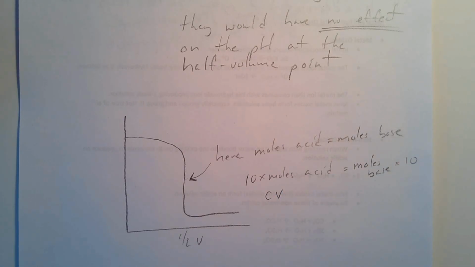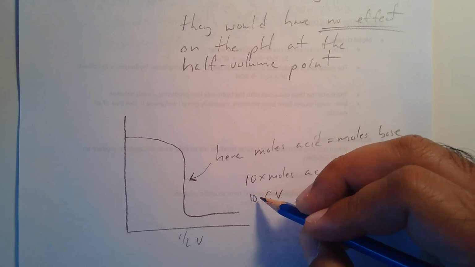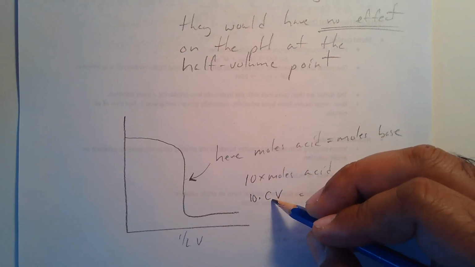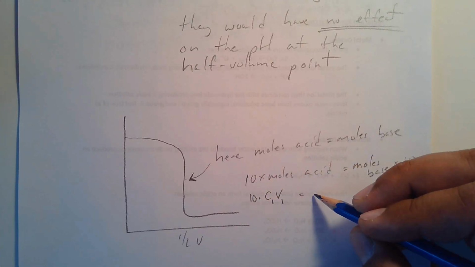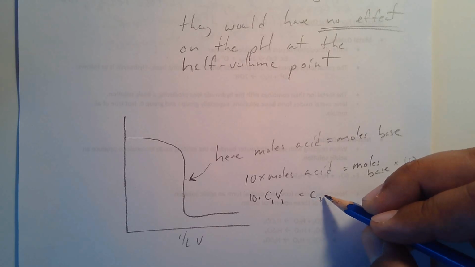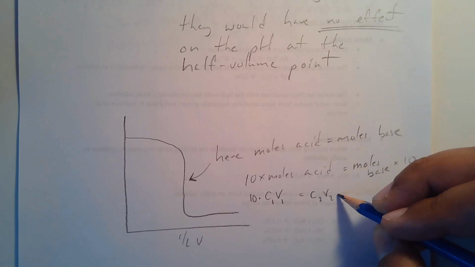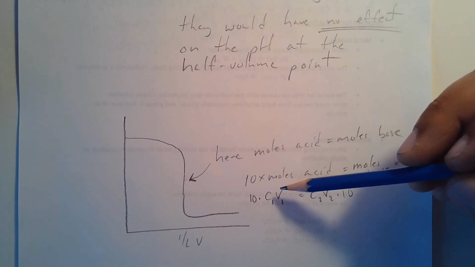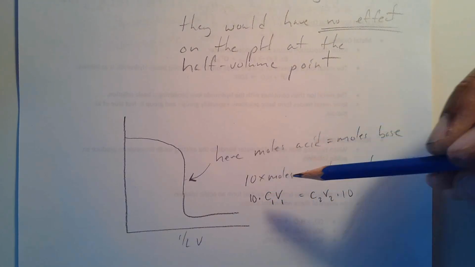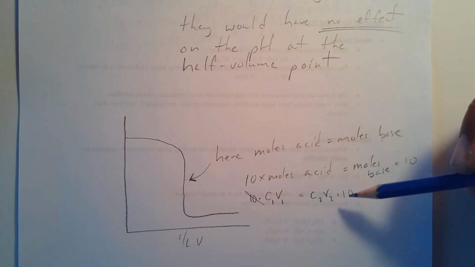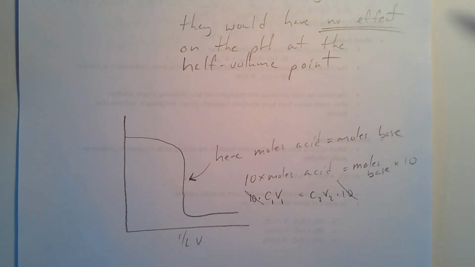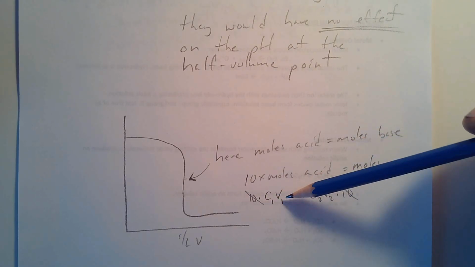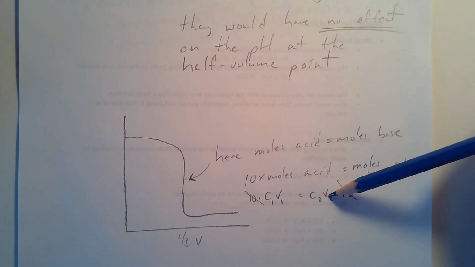We're changing this by a factor of 10, and the other one by a factor of 10. Concentration times volume is equal to moles, so the 10 is just canceled out. Therefore you're left with the same volume that you had in the first place.